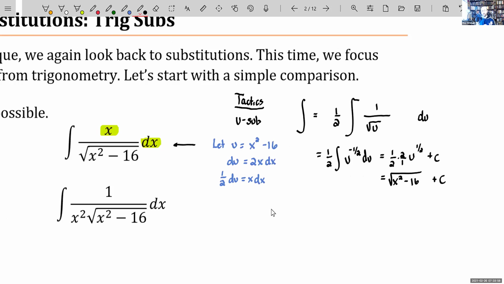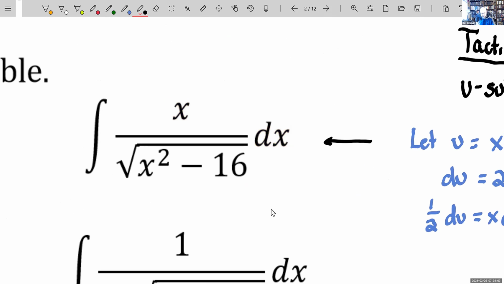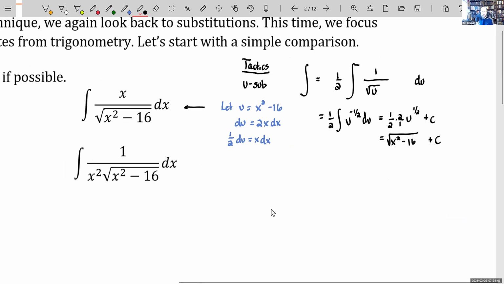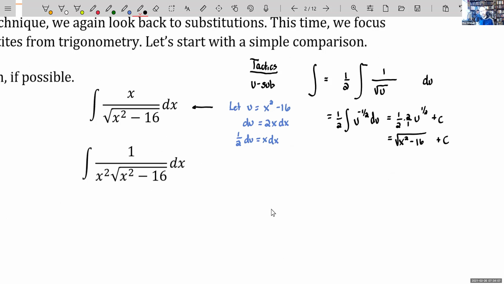Now, before I step away from that initial example, which is just a u sub, so there's nothing special, we didn't learn anything new there, but I do want to showcase an alternative way to do the u sub, and it's called a radical substitution. It's good to learn it now rather than wait until section 7.4, which is where it's actually introduced. It's such a simple alternative to the u sub we just did, it's worthwhile to talk about.